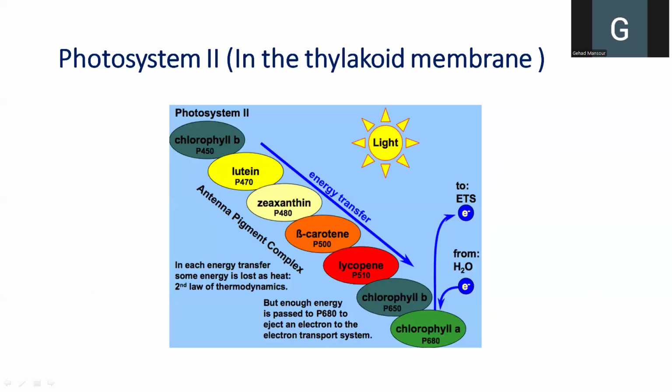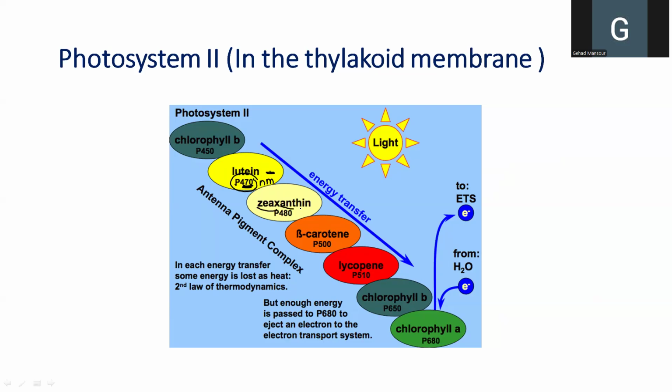This picture shows you photosystem 2 on the thylakoid membrane, and you can see the series here of pigments that absorb solar energy. So you have lutein pigment, which is yellow in color and whose maximum absorption occurs at 470, so we call it P470, of course 470 nanometers.